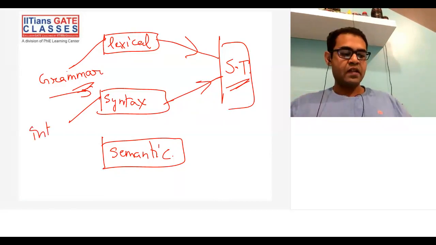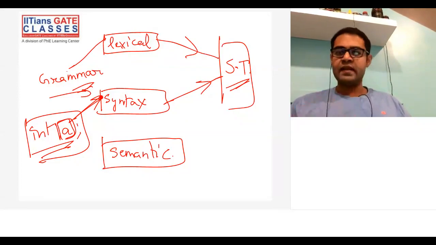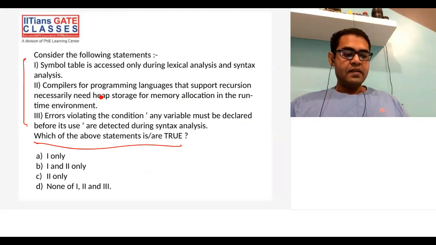Suppose we have a statement int a. Int a means a is a variable of type integer. This is defining the structure, and hence this will be input in the syntax analysis phase. So statement 1 is saying symbol table is accessed during lexical analysis and syntax analysis.